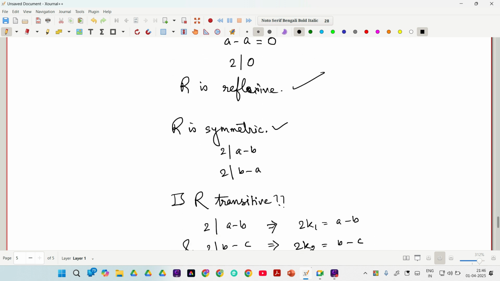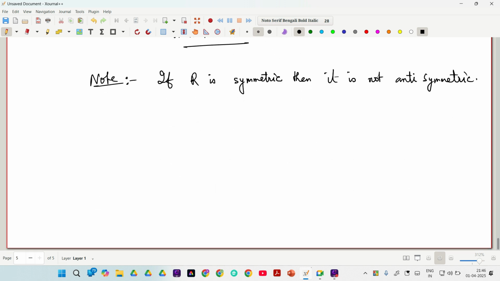This kind of relation, which is reflexive, symmetric and transitive, is called an equivalence relation.